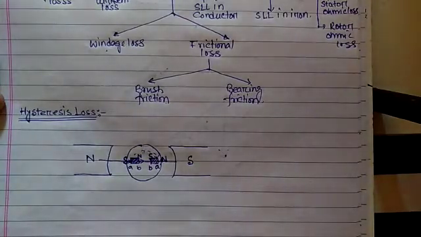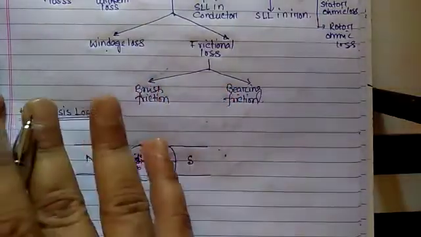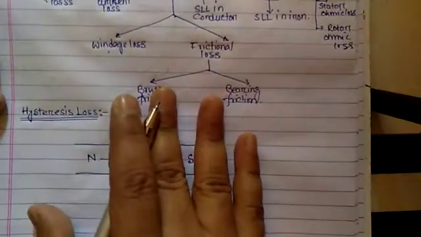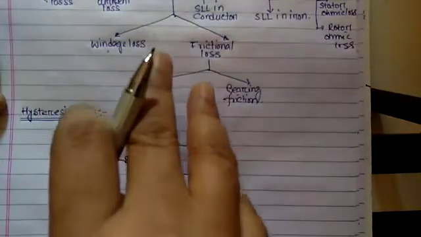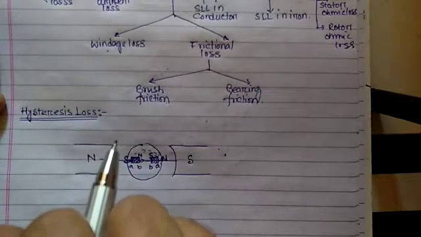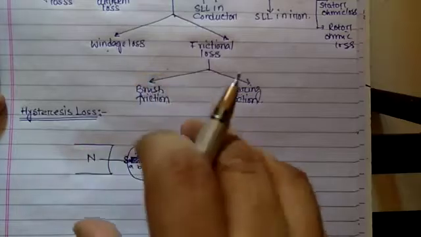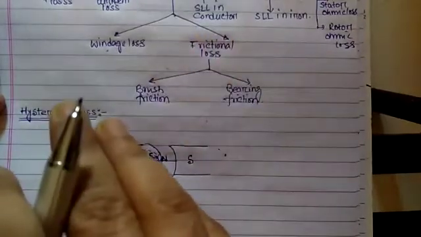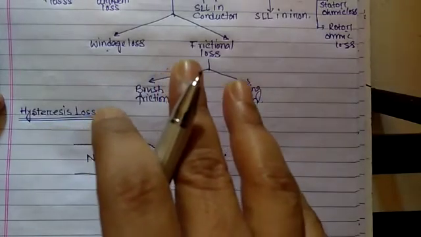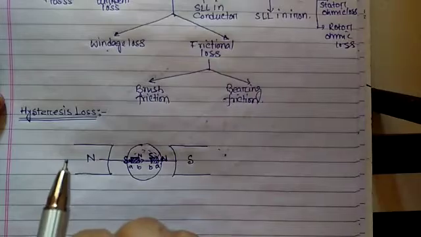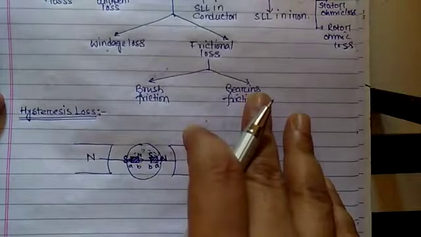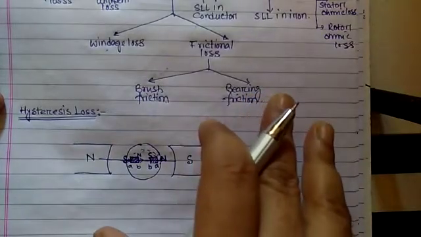Thus, every half revolution, the magnetism of the iron piece is reversed. When this armature rotates, continuous magnetic reversal occurs in the small iron pieces. So magnetic reversal requires power.